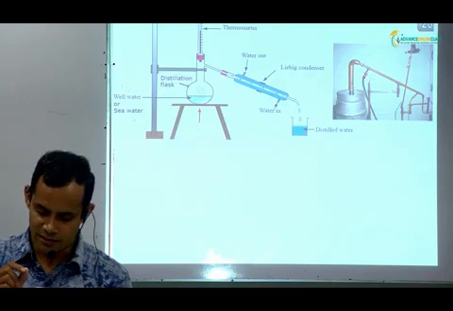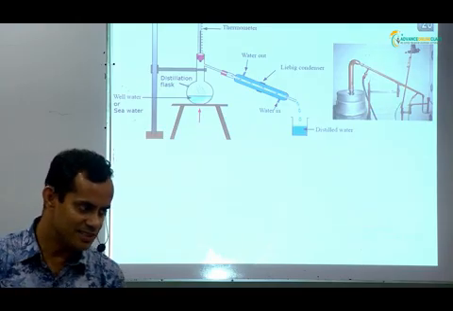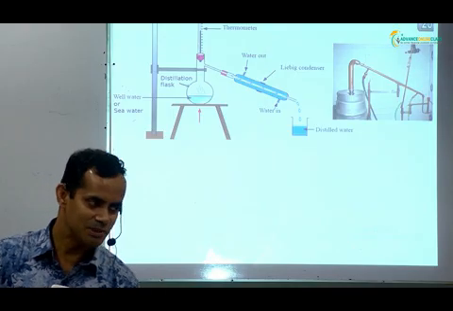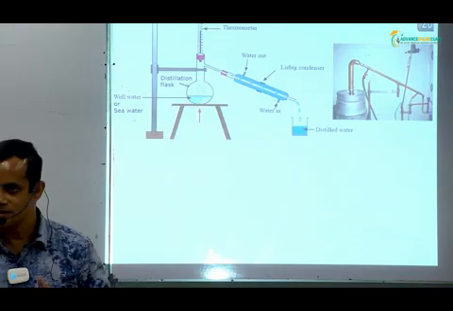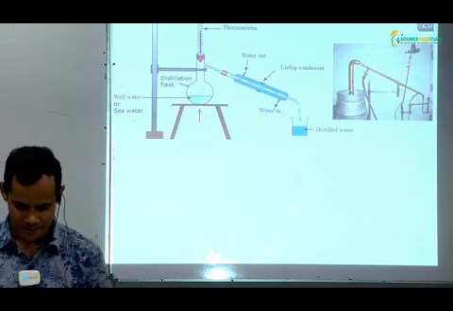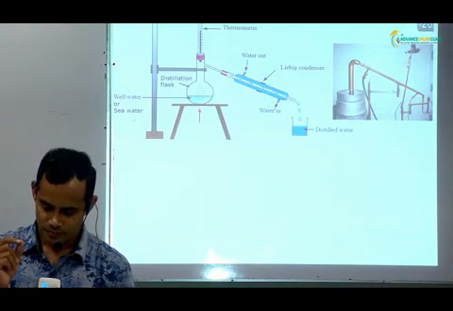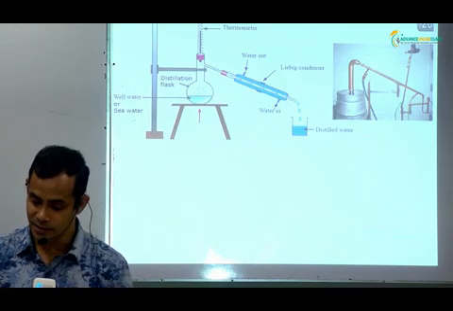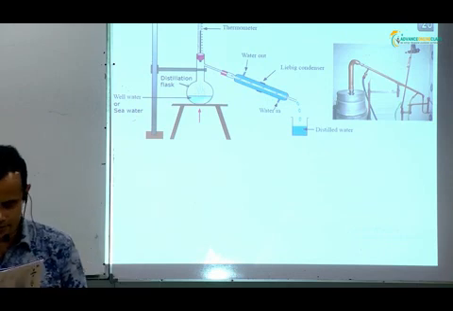Highlight several volatile components. Volatile means evaporating easily. Then highlight under controlled conditions.